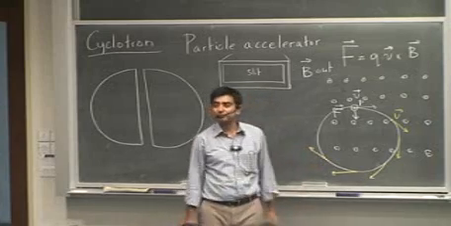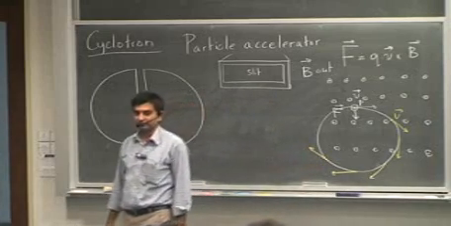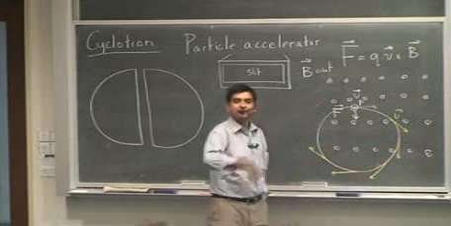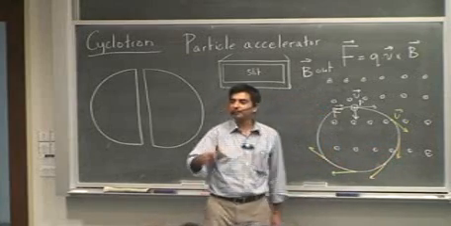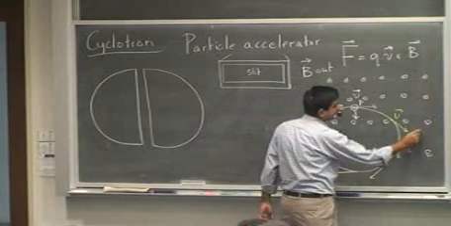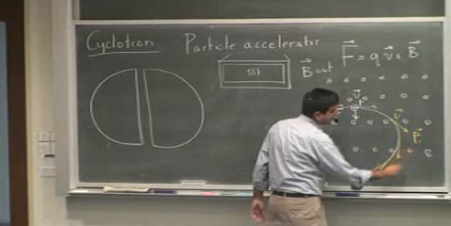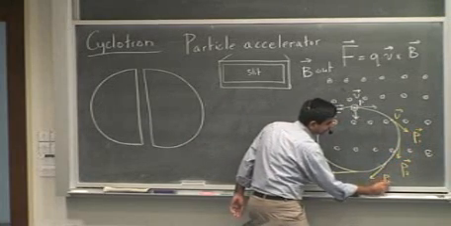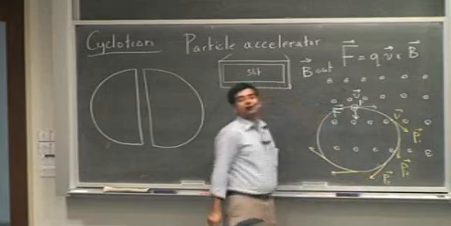And these yellow vectors also represent the momentum at each point. So these are the momentum vectors on the circle. This is the momentum of the particle at any instant, P. This is P1. This is P at some other instant. This is P at some third instant, and so on.